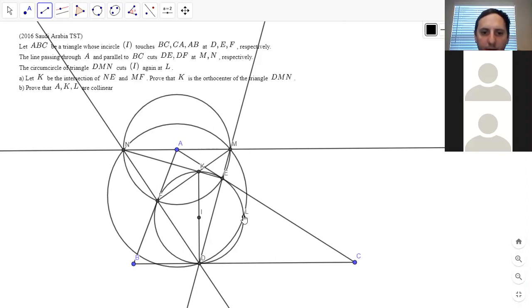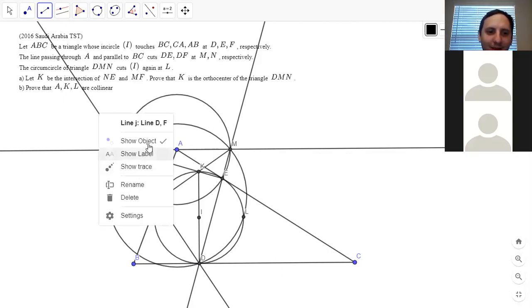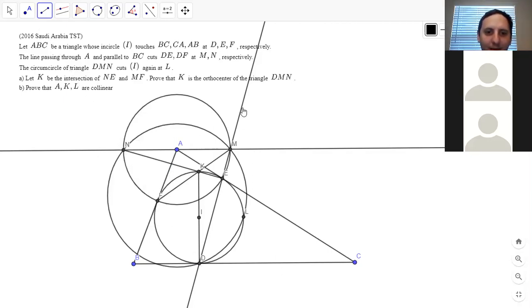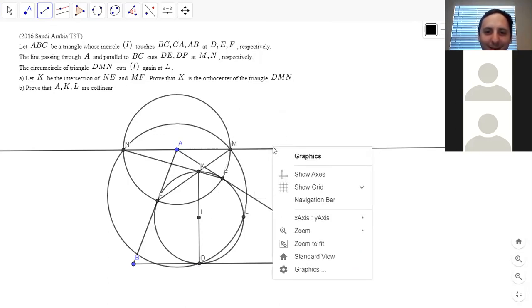L is the Queue point of triangle DMN. Oh, and so it's collinear with K and A, because A is the midpoint of MN. Okay, that was very easy. All right. We solved the problem before I even made the diagram nicer.